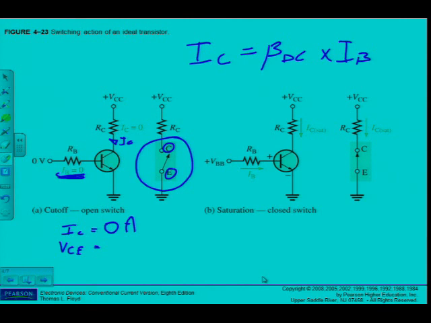VCE, on the other hand, if I measure over this open switch, what am I actually measuring? If I can redraw the supply over there, then I am actually measuring the value of VCC. So the parameters for cutoff are IC equal to 0 amps and VCE equal to VCC.